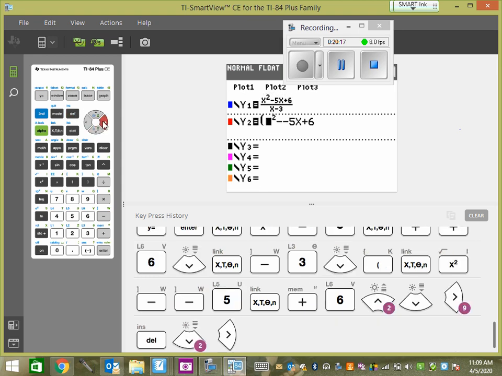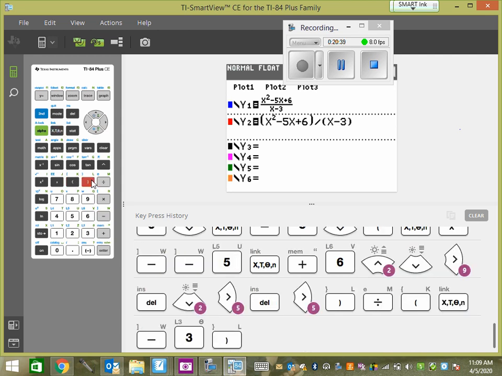And two minus signs. All right. Bracket divided by bracket x minus 3.